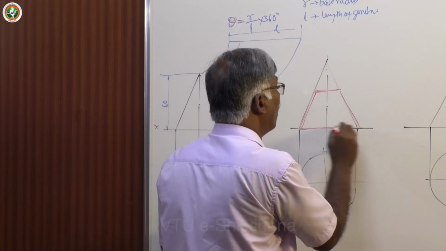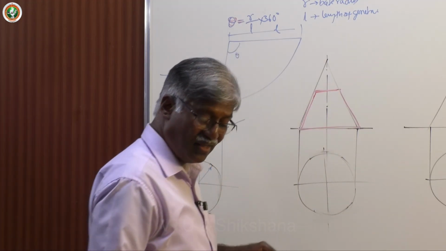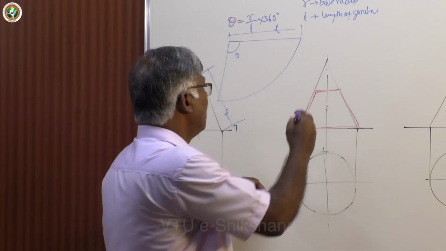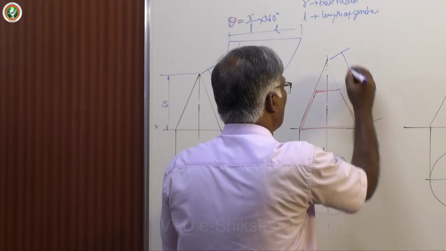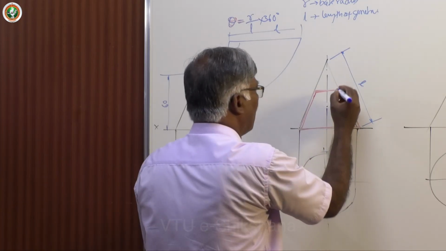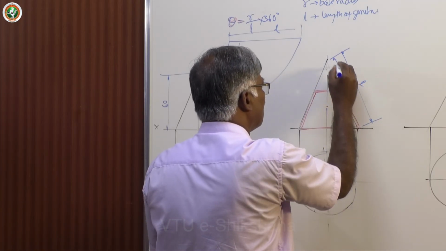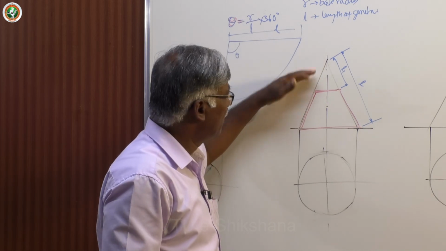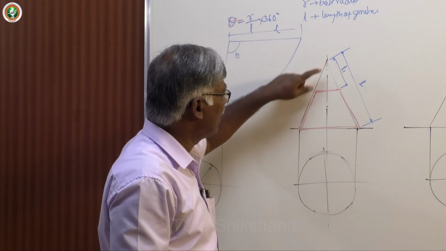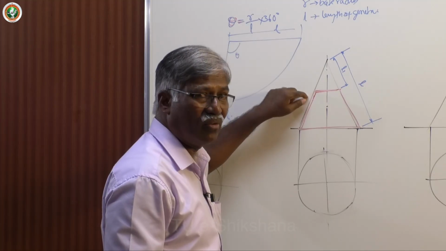Now what is the procedure? It's again a simple procedure. Let me identify this as L, the total length of generator L. Now this is L1. So you can observe this becomes another cone. This is the total cone, and if I treat this portion only, this becomes another cone.